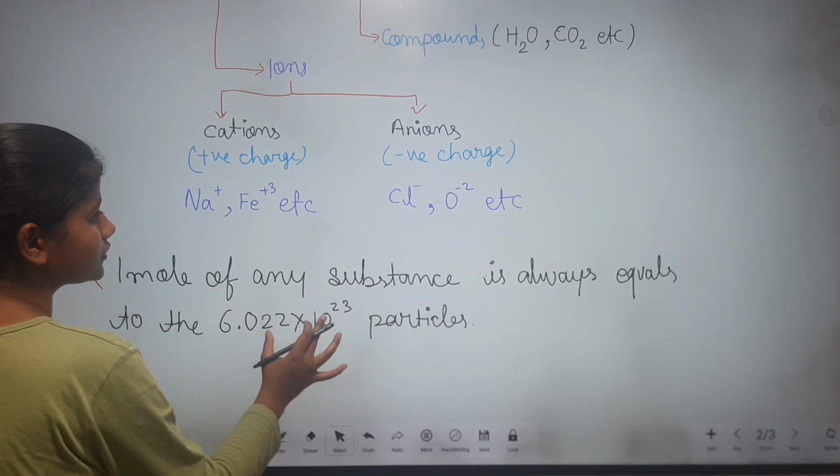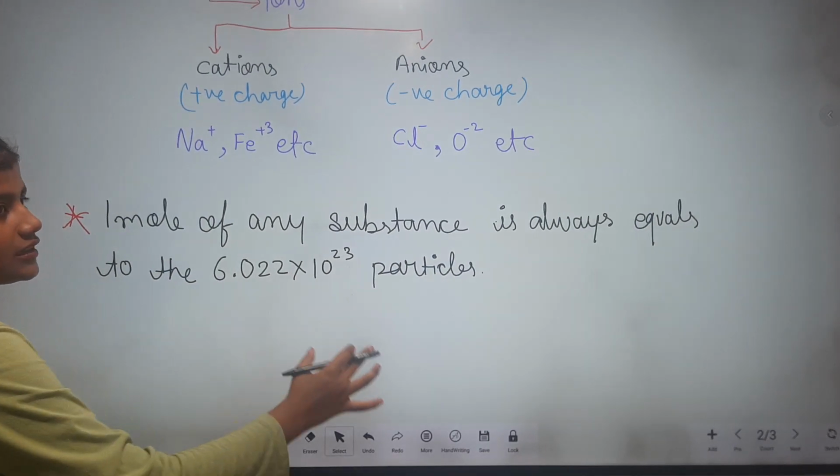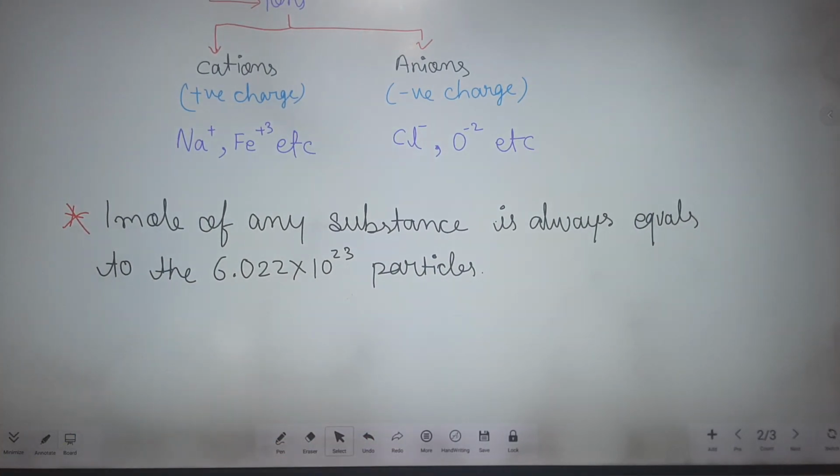Okay, so 1 mole of any substance is always equal to 6.022 into 10 to the power 23 particles. We can also say this is our Avogadro number. Okay.